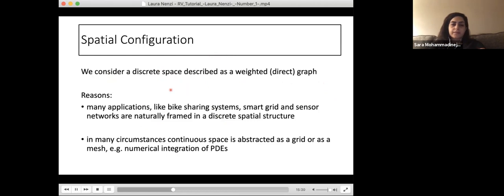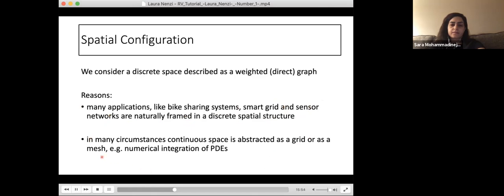The reasons why we chose this kind of description of the space are mainly two. The first is that many applications that we consider, such as bike sharing systems, smart cities and sensor networks, are naturally framed in a discrete spatial structure.